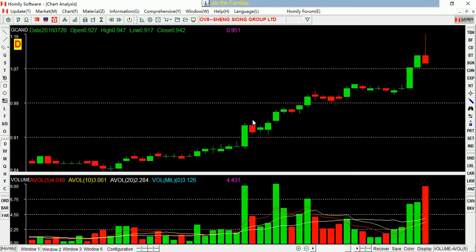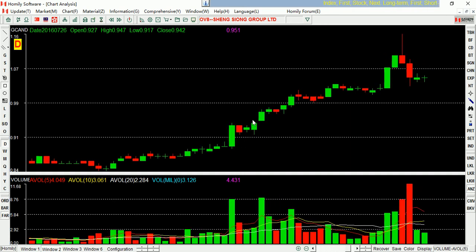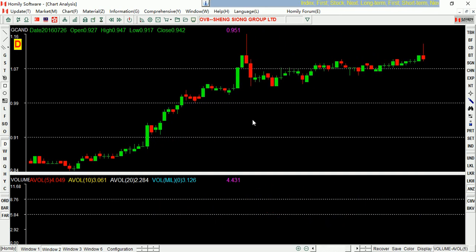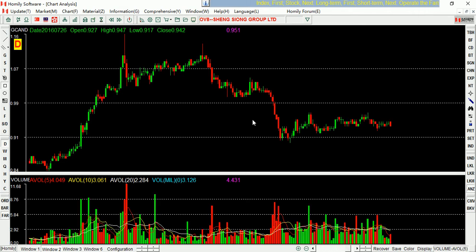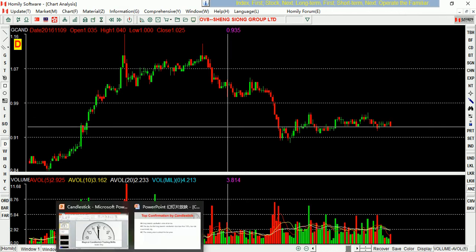This is the big, long upward shadow, right? On high volume. What's that meaning? The resistance is strong. So can buy or not? Cannot buy. This is the top confirmation. Okay? So you should know the price drops.